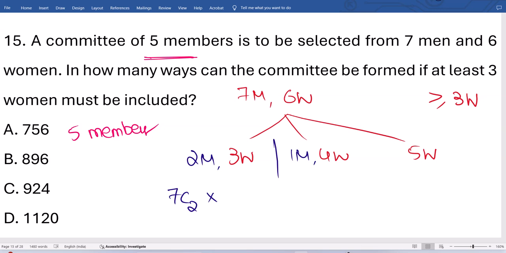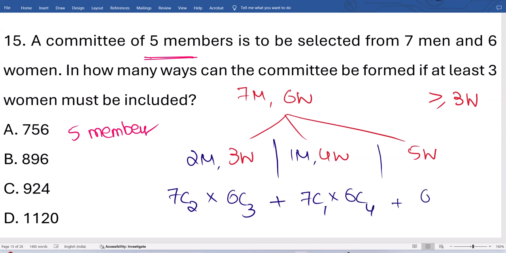And means multiplication. 6C3. Why did I write 6C3 here? Why 7C2? Among 7 men, 2 men are required, and among 6 women, 3 women. Or I can select 1 man out of 7 and 4 women out of 6.